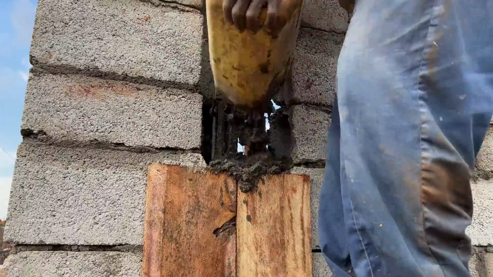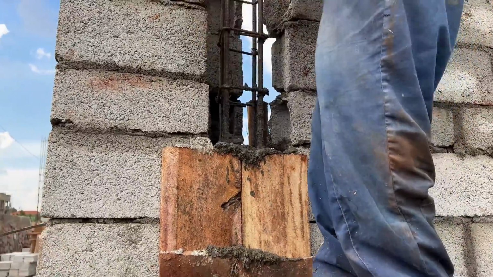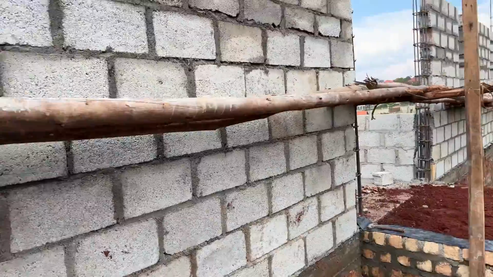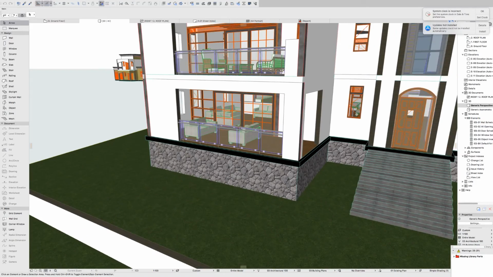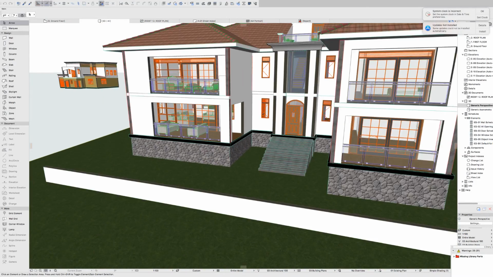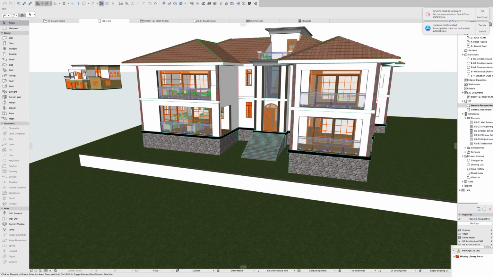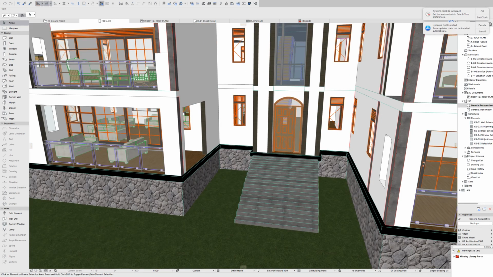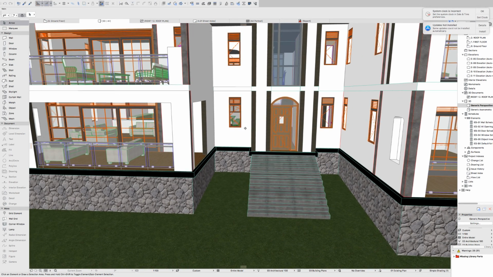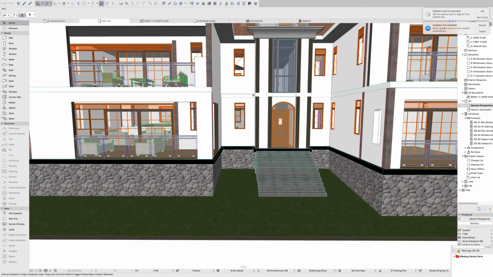Then after casting the columns, we now start on the first floor suspended slab. Now with the first floor suspended slab, I remember we looked at 4 important crucial things that need to be considered and checked properly before the casting process goes on. And one of them was the carpentry work.